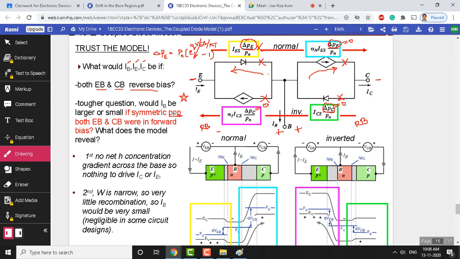Now, in such a case, if we apply forward bias between emitter and base and between collector and base, do you think the base current increases? Think for a moment and let me know your answer.